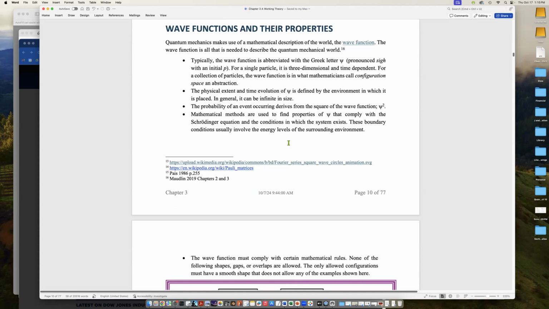Remember, the wave function is a mathematical entity, and it has to obey certain rules so that it comports with the mathematics that's going to be applied to it. And the key thing is the time evolution of the wave function psi is defined by the environment. I'm going to show you some environments in a second.